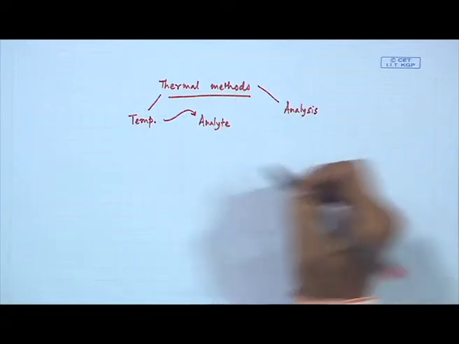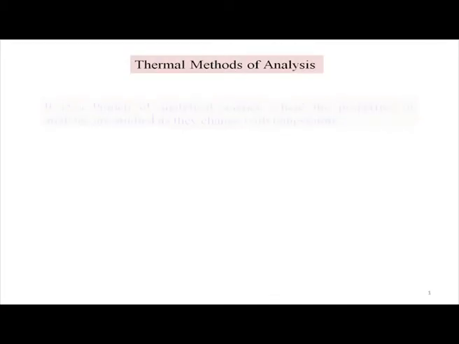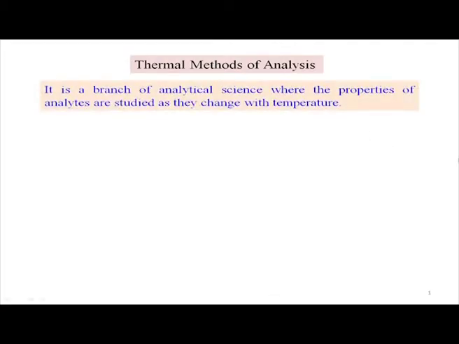So, these thermal methods of analysis can be very useful. Why? It is the branch of analytical science that people mostly use for different types of material characterization, sample characterization, and also quantitative analysis. Here the properties of analytes, any number of analytes you can handle and study, change with temperature.